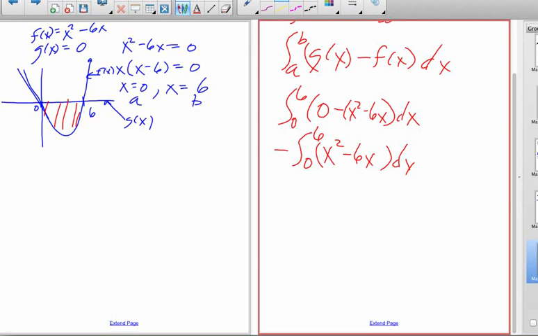And I'm going to go ahead and split this up, so it's going to be negative the integral from 0 to 6 of x squared dx minus 6 times the integral from 0 to 6 of x dx.